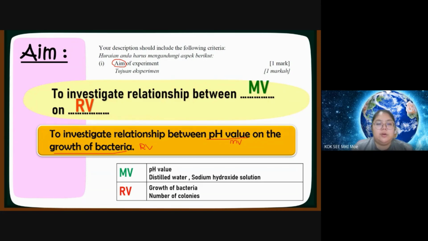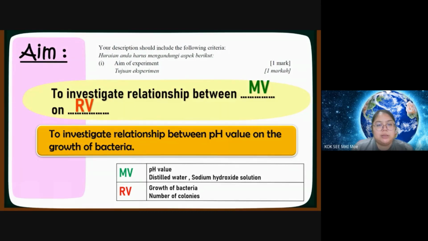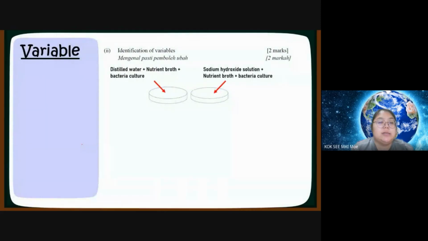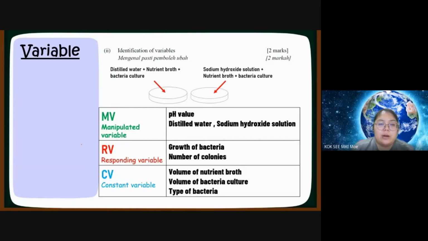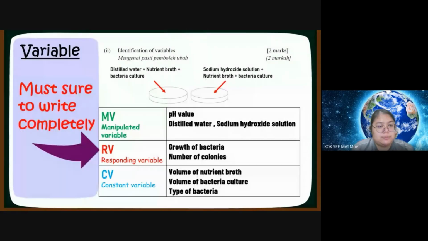Okay, after the aim, 1 mark, that's the variables. We've shown the variables so many times already. Make sure to write the sentence completely.